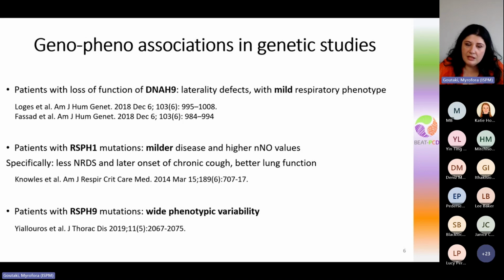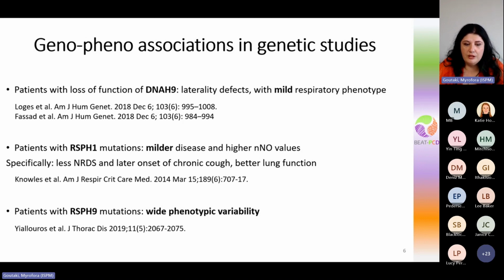Another genetic mutation that has been associated with a milder disease and also higher nasal NO values is the RSPH1 mutation. It has been reported that patients with that had a lower prevalence of neonatal respiratory distress, a later onset of chronic cough, and better lung function later on.